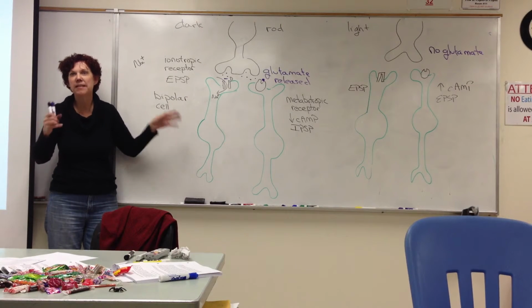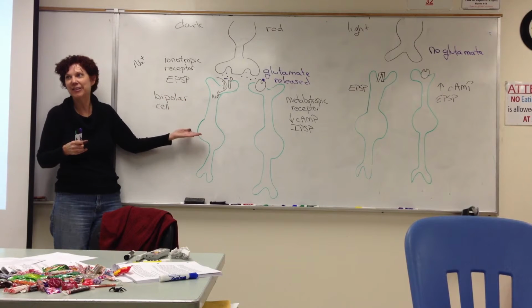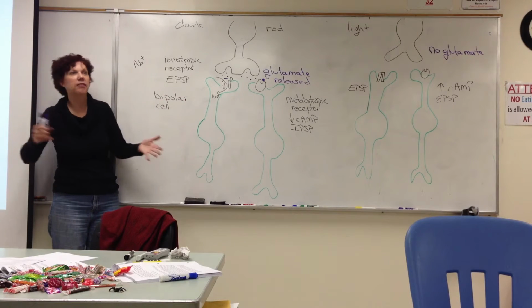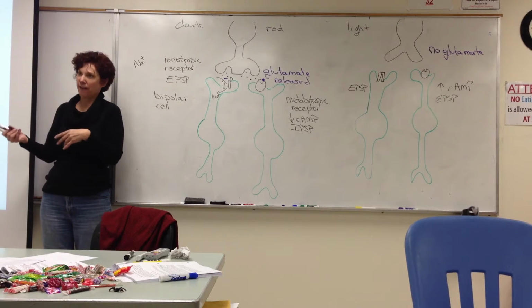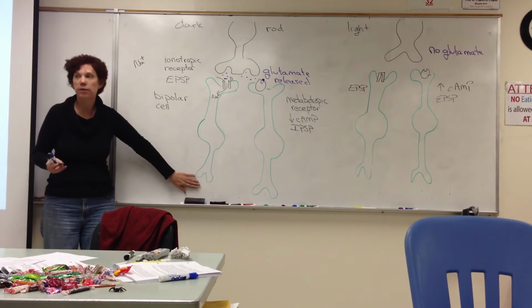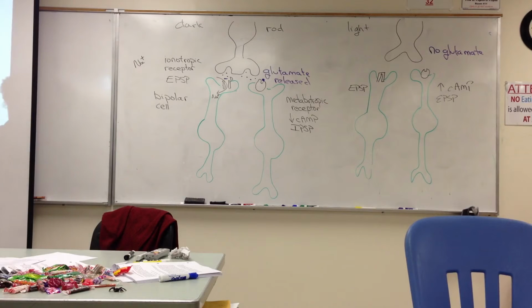So even though we excited this cell, the effect downstream is inhibitory. Okay, so you can't always assume that just because one cell fires, the result all the way down every neuron is going to be an excitatory effect, because it depends on the neurotransmitter released by that cell. So you have an EPSP at one cell and then an IPSP at another.